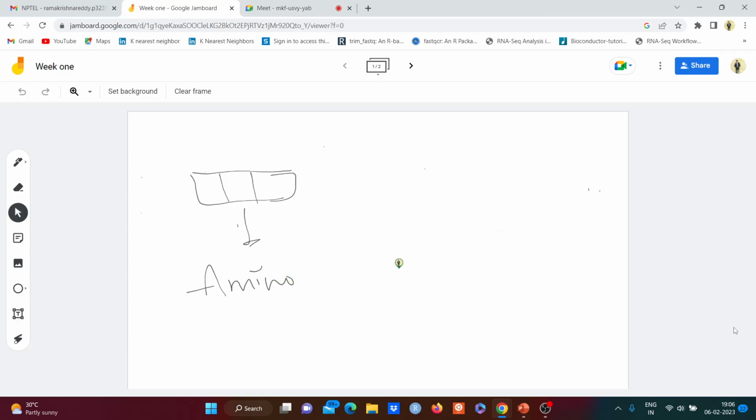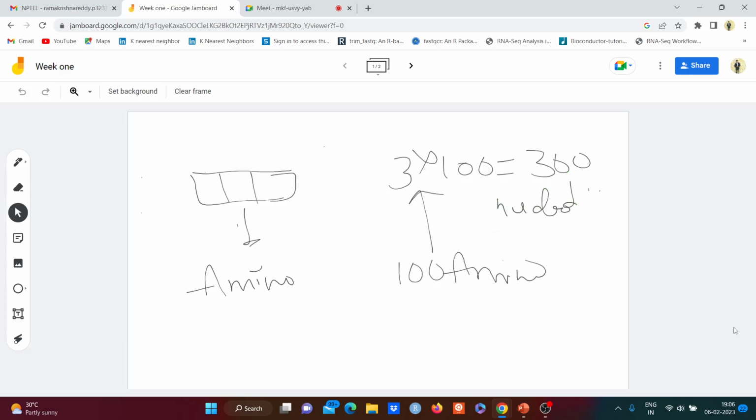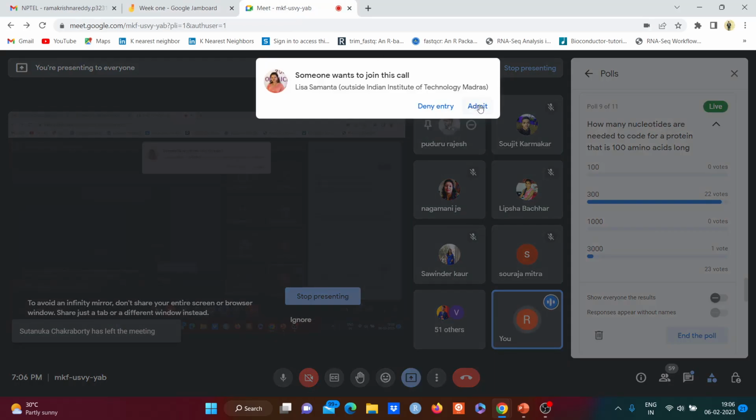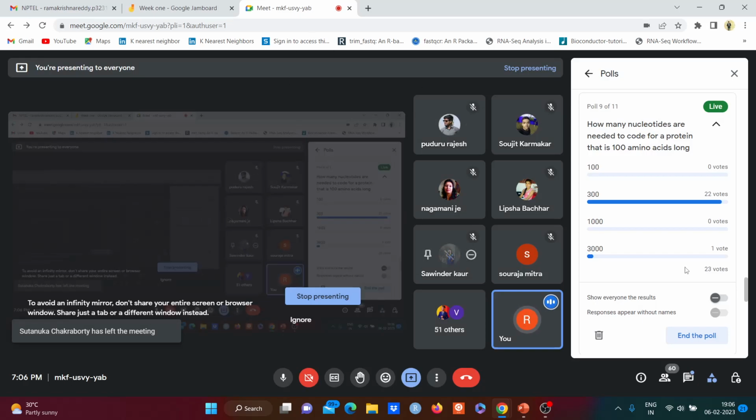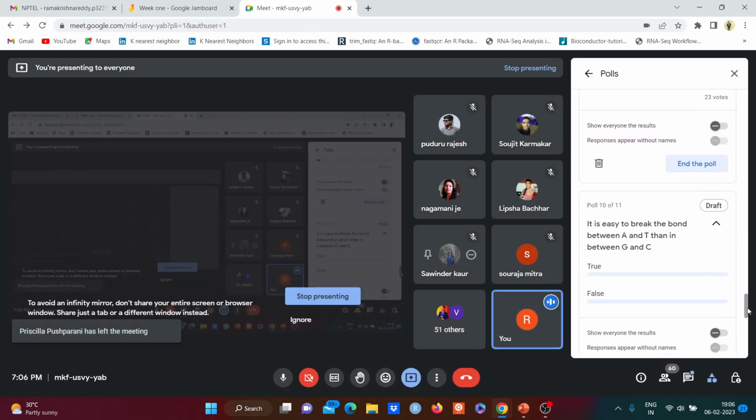So when we have 100 amino acids, they are coded by 3 times 100, that is 300 nucleotides. One amino acid has a codon corresponding with 3 nucleotides, so 100 amino acids will have 300. So the correct answer is 300. And how this translation will happen, we'll see and solve later.